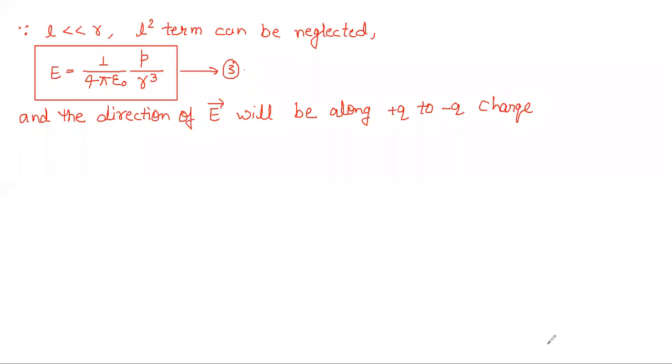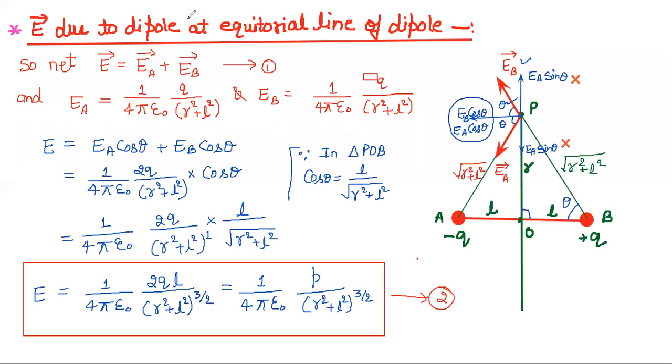You can see in the figure that the net electric field is along this direction, right? The green line. And plus Q to minus Q is also along this direction.